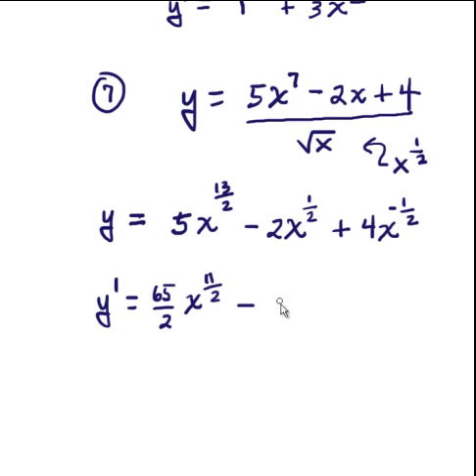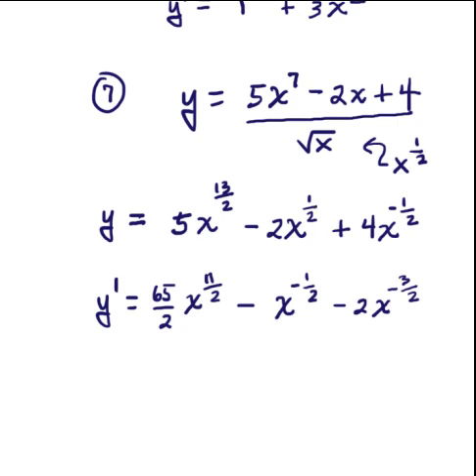So we don't have to write that. And here we have x to the 1/2 minus 1. That would be minus 1/2. 4 times minus 1/2, that's minus 2. X to the minus 1/2 minus 1, that's minus 1/2 minus 2/2, that's minus 3/2. And that's it. That's the derivative. We just leave it at that.